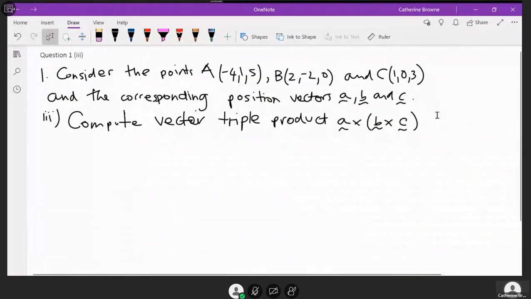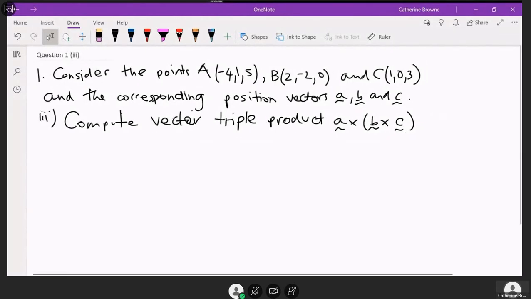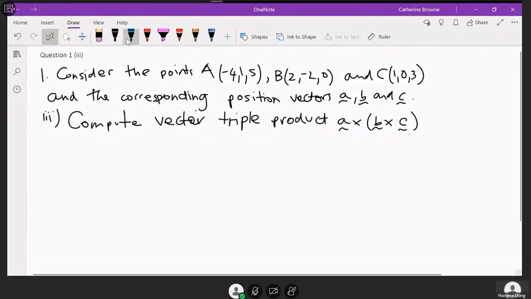Okay, the triple product. We've already found B cross C. So to find A cross B cross C, instead of finding the dot product with B cross C, we're going to do a cross product again.